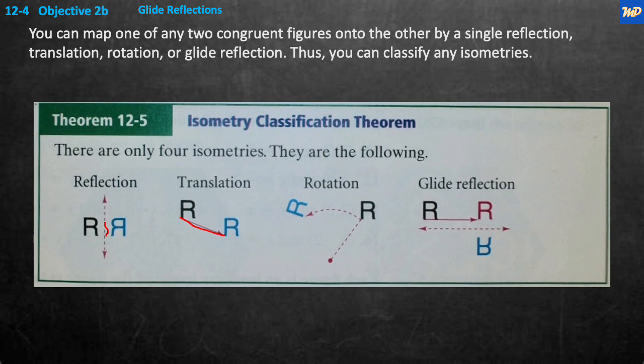And then there's a rotation where we took this R on a journey around a circle, and the R turned and is now pointing differently. It's made a change in its angle, right, from here to here. And then there's a glide reflection where it glides a certain distance and then it reflects across the line. Those are our 4 isometries.